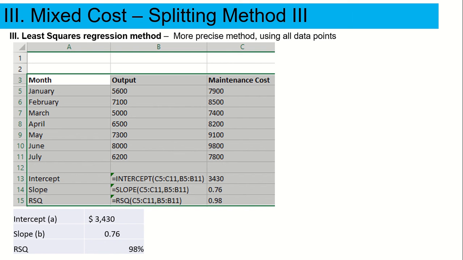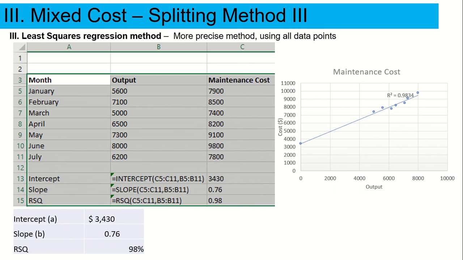Any number above 90% shows that your estimation values are more or less precise. If you draw this on the graph, you can see that r square is 0.98, your point of intercept comes at 3,430 and your variable cost is 0.76. So your cost equation here is y is equal to 3,430 plus 0.76x. That becomes your cost equation in this case.